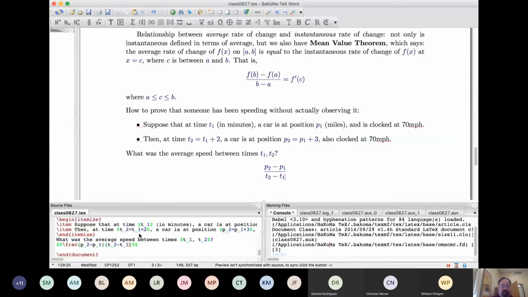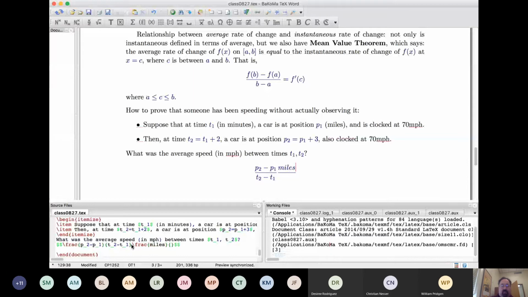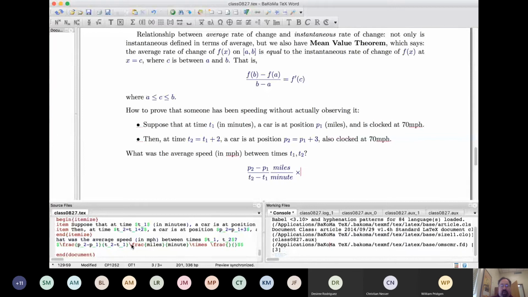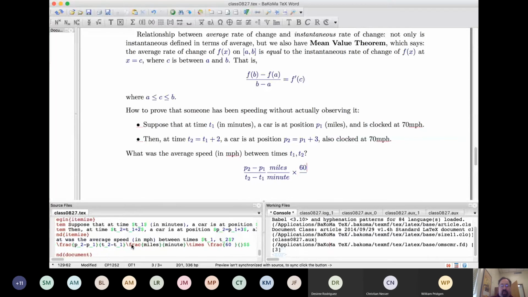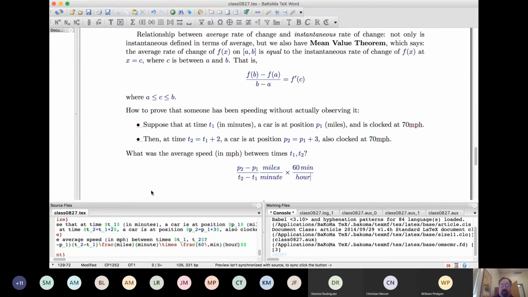Now, I want the average speed in miles per hour, but what I'm going to get here is not in miles per hour. It's going to be miles per minute. But then I'm going to multiply that by 60 minutes per hour, just to make the units work out how I like.